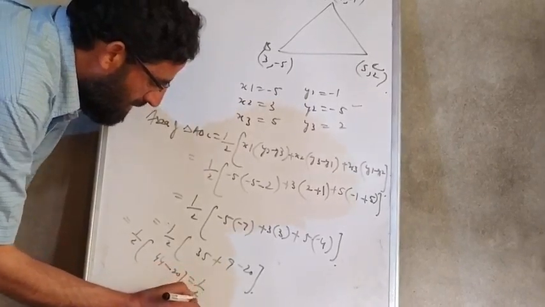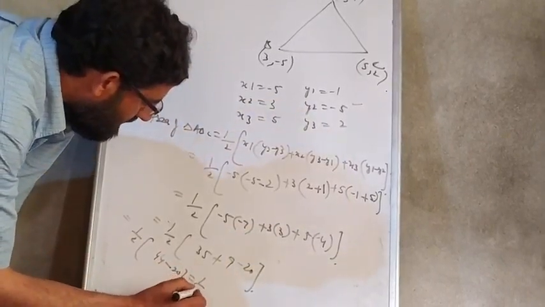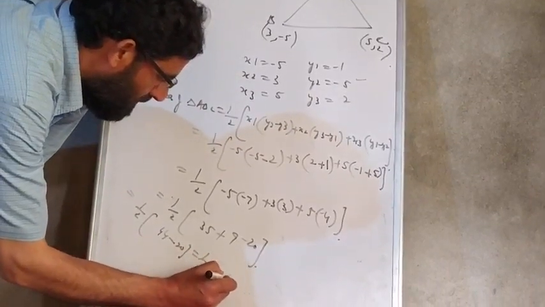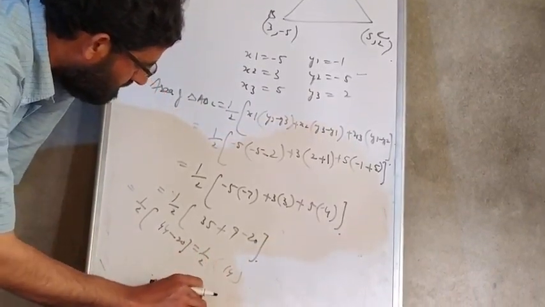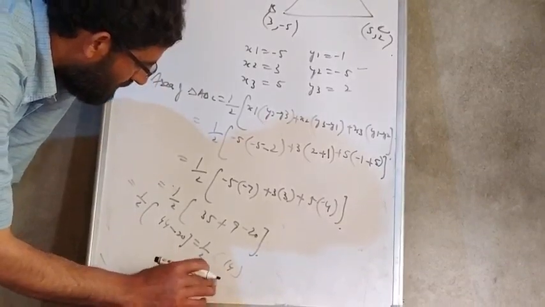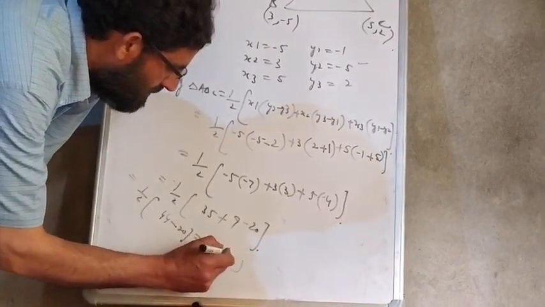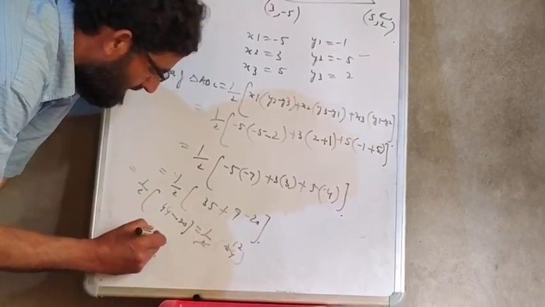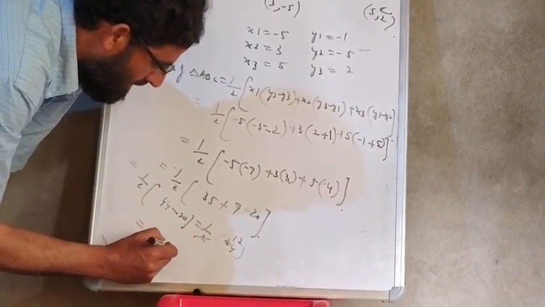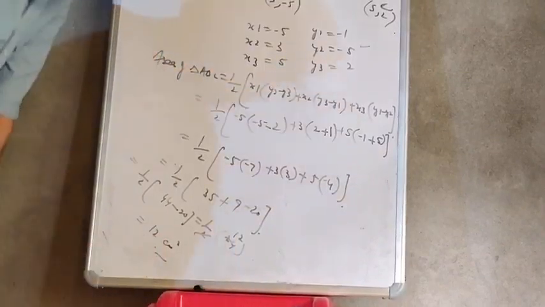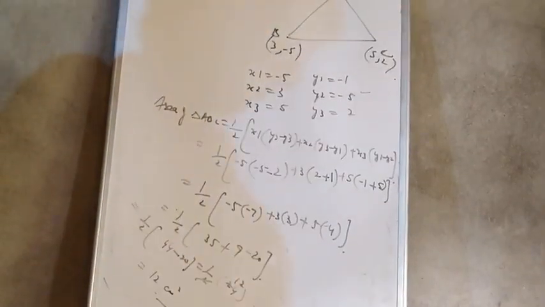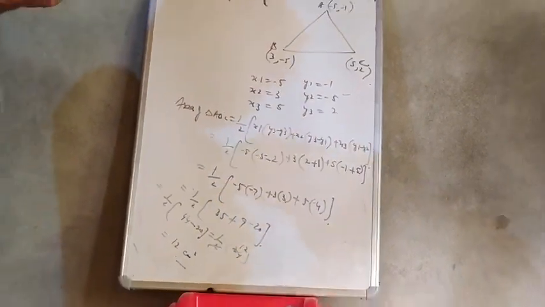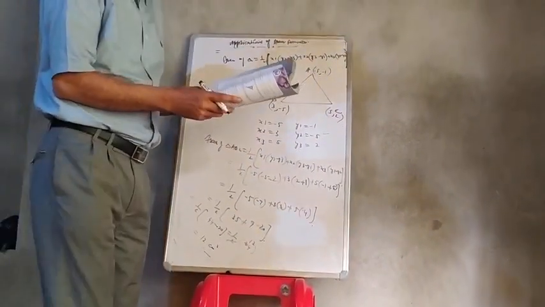This is 1 by 2 into 24, sorry, 24. So area is equal to 12 centimeters square. So this is how it goes. It's very simple. Now you can similarly try these at your homes.